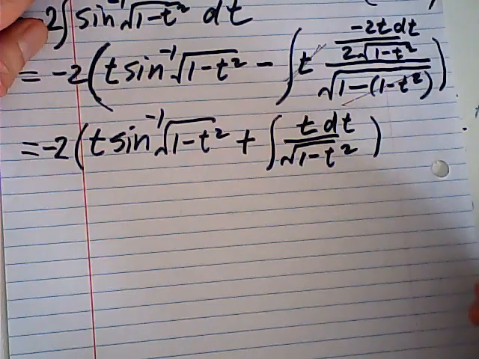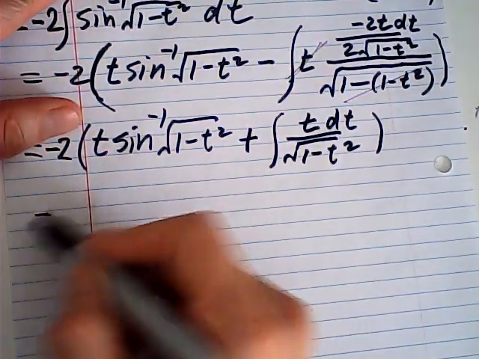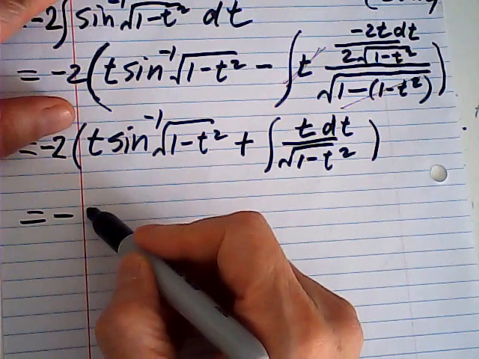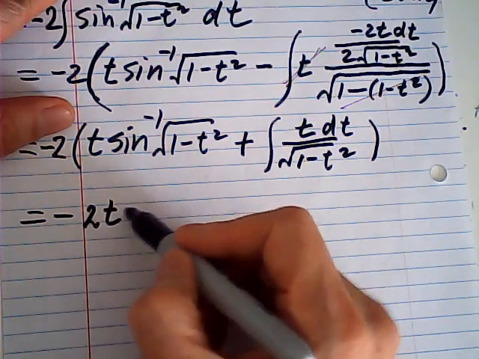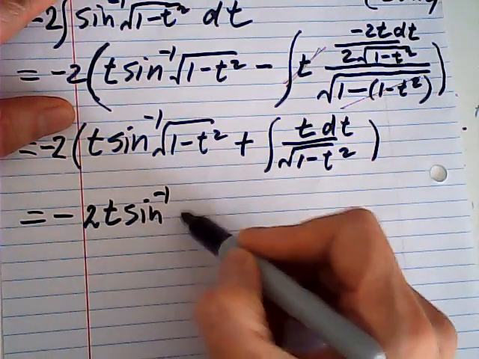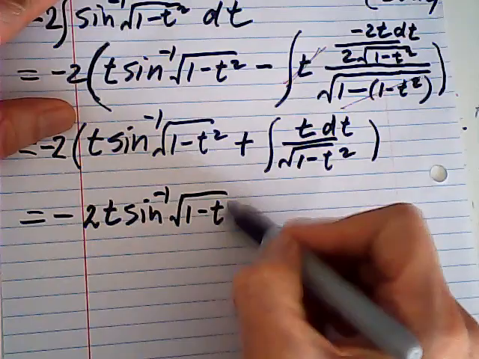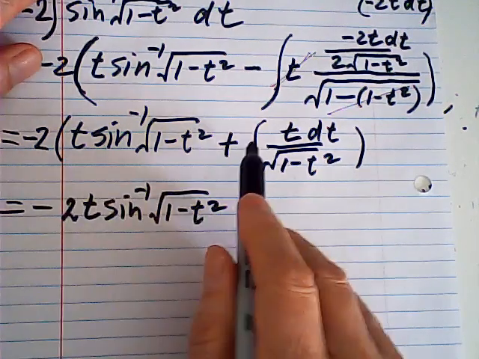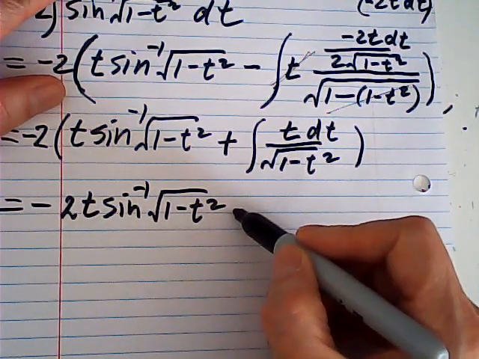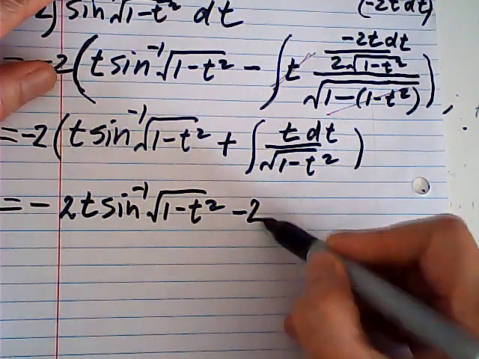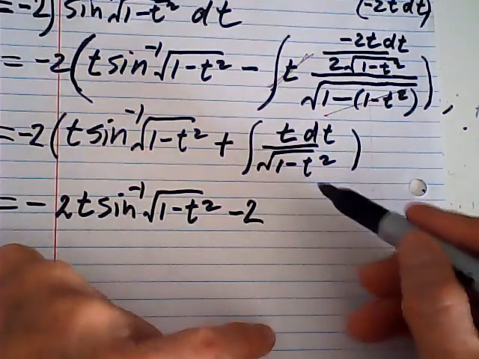Okay. Then this one is equal to negative 2t arcsine of 1 minus t squared. Negative 2. Bring negative 2, right, is negative.